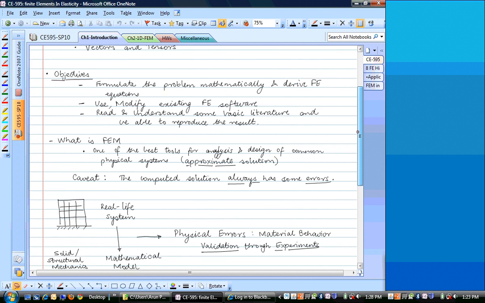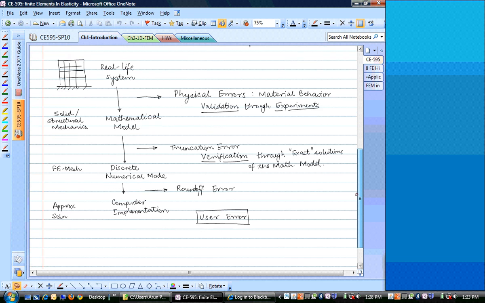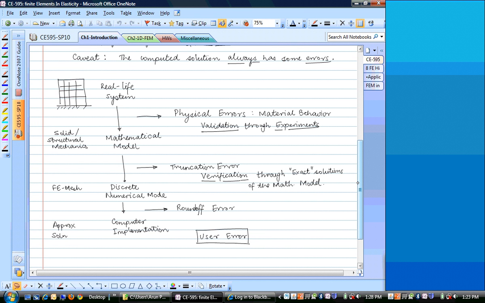I gave you a couple of examples of the types of errors that we come across in a finite element analysis. Since we have two screens, I'm not going to be using the laser pointer, so hopefully this mouse should be visible to you all.